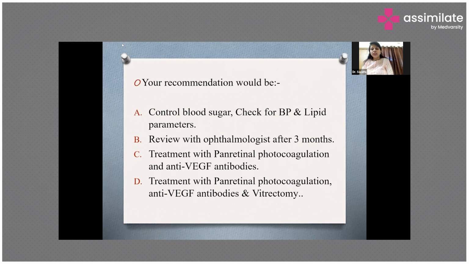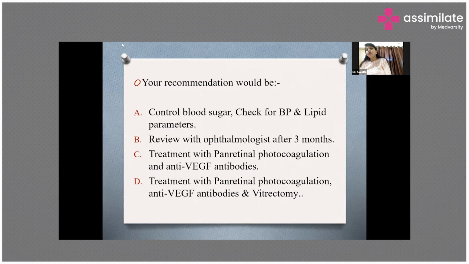But if the patient is having proliferative, now let me answer why vitrectomy is advised. If it is proliferative diabetic retinopathy, the first line of management is pan-retinal photocoagulation, and we put the patient on anti-vascular endothelial growth factor antibodies. So first line of management is never vitrectomy. Most of the patients, 80 to 85%, find relief and are free of symptoms after this pan-retinal photocoagulation and anti-VEGF antibodies.